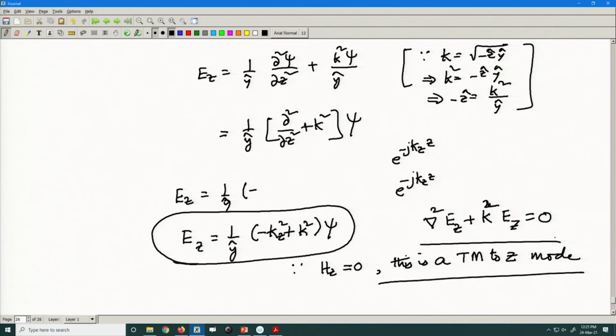Therefore, we find that the component E z, because it satisfies the source free wave equation, is also called the E mode; the TM to z mode is also called the E mode.